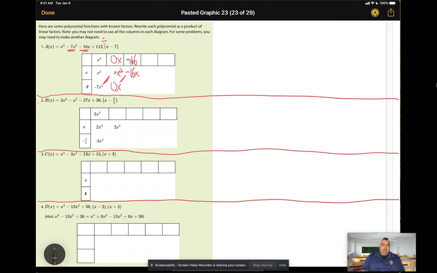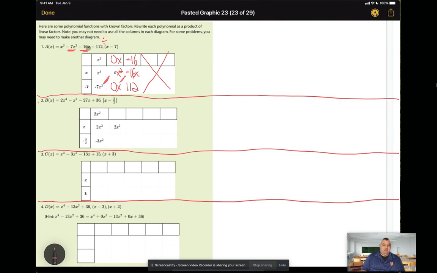So this is going to be negative 16 times negative 7. I'm going to use a calculator here. Negative 16 times negative 7 is a positive 112. And you now can see I got down to my constant term, which means I'm done. So what is the answer?